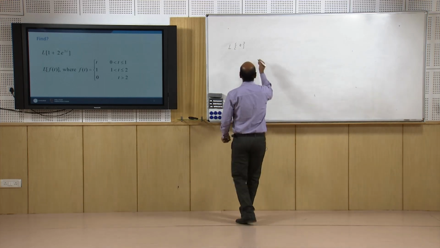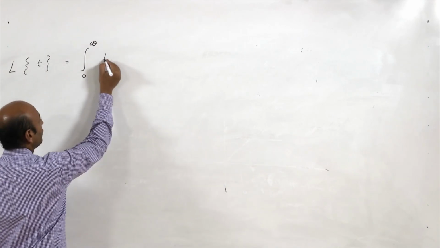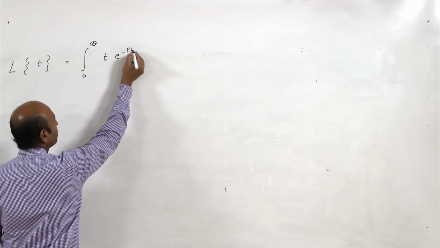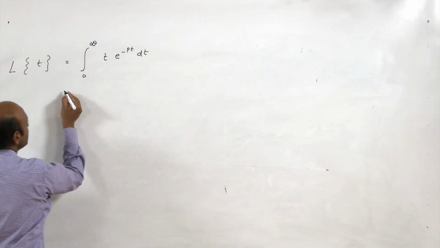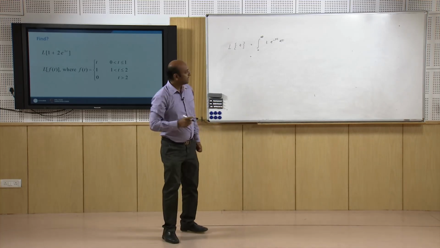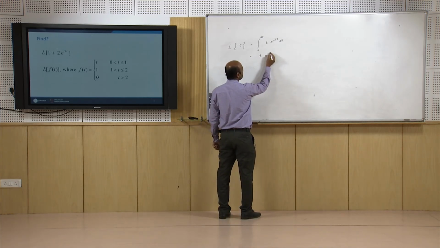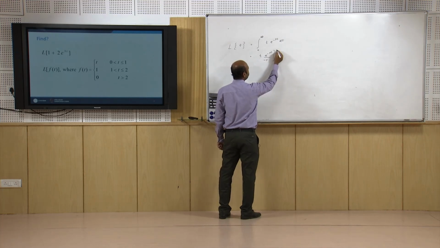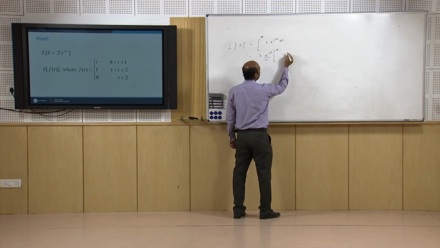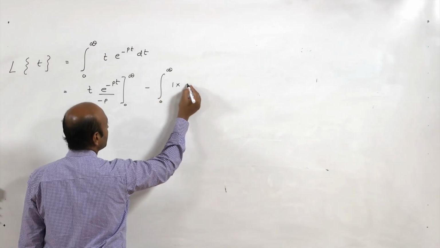Again apply the definition of Laplace transform: integral from 0 to infinity of t into e to the power minus pt dt. Again you will apply integration by parts: t into e to the power minus pt upon minus p from 0 to infinity, and then negative integration from 0 to infinity, derivative of first, integration of second.